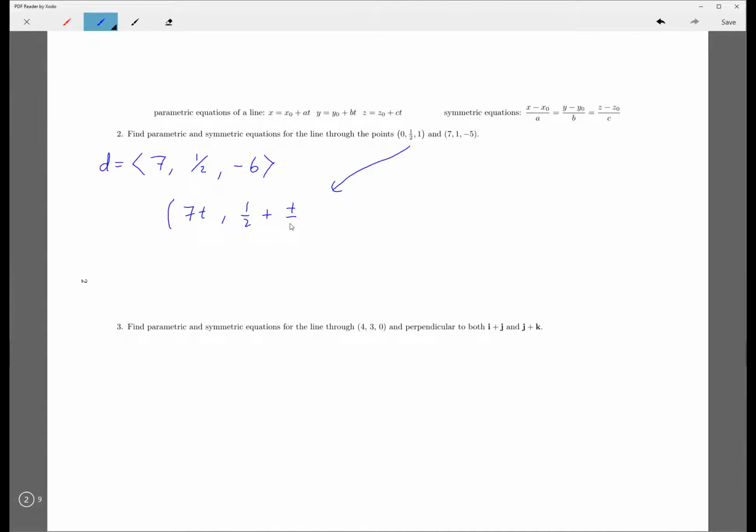We can write it as t/2. And then the last one is 1 minus 6t. Okay, so that's going to be the parametric form. So just put the inside part of that in there. So 7t and then 1/2 plus t/2, and then 1 minus 6t.